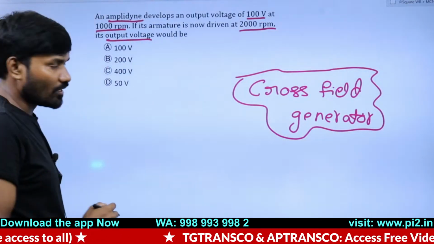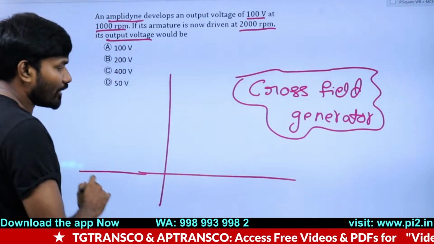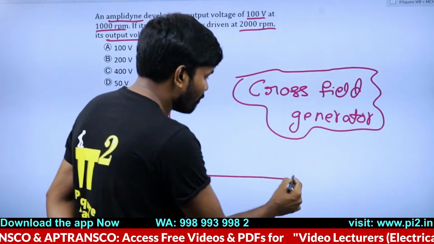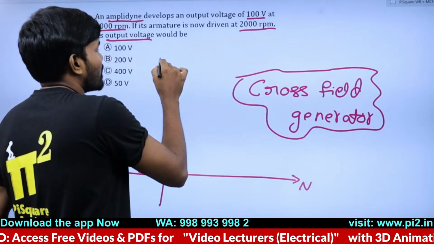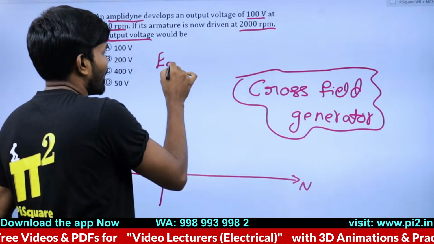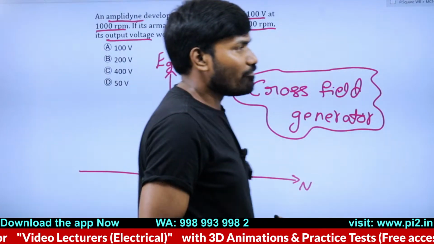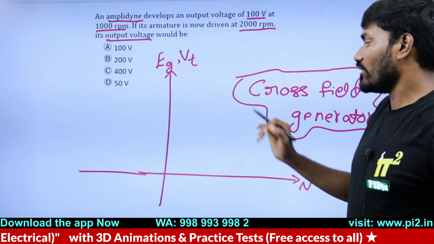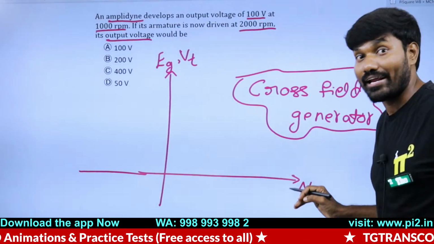If you see, in the case of a regular DC generator, if you take this as speed and this as induced EMF, generated EMF, or let's take it as terminal voltage, whatever, can you tell me what will be the curve here? What will be the plot between EG versus speed, not IF?